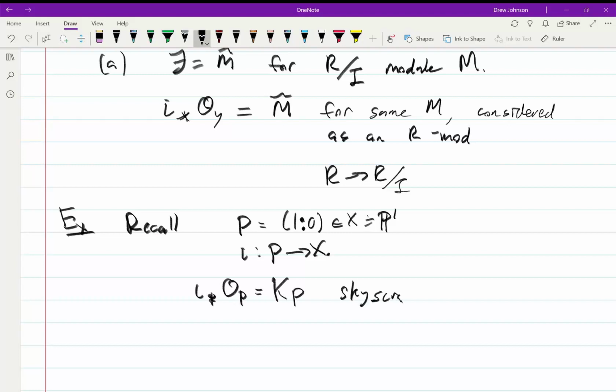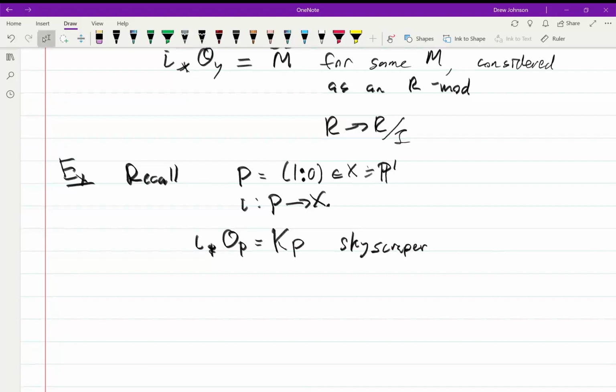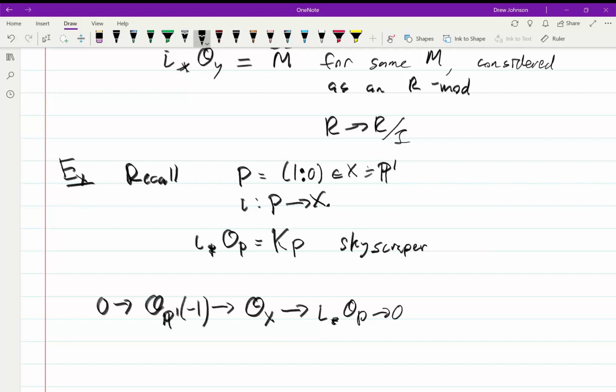And I think in that example we had an exact sequence where OX mapped to the push forward of OP, and we saw that the kernel was isomorphic to OP1 of -1. All right, so that was from last time.